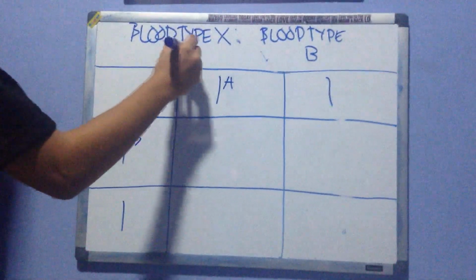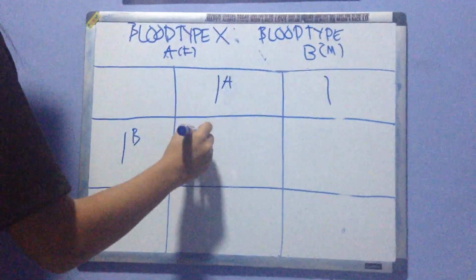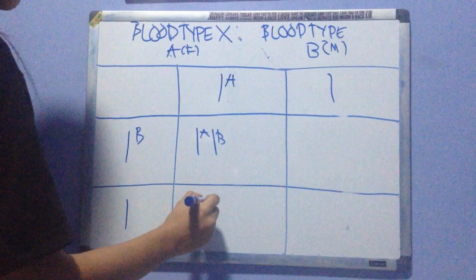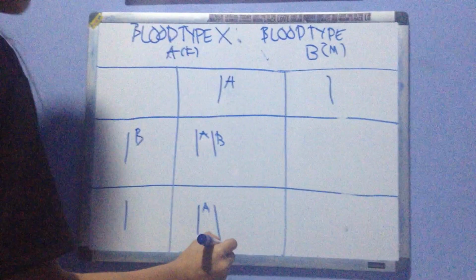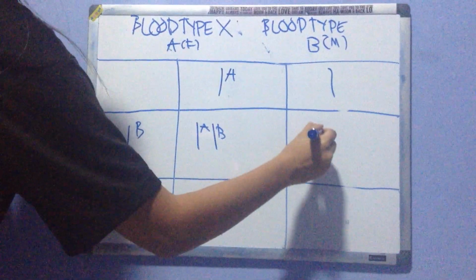Same thing, we're just gonna cross blood type A to blood type B, and then everything, blood type A, blood type B to I.